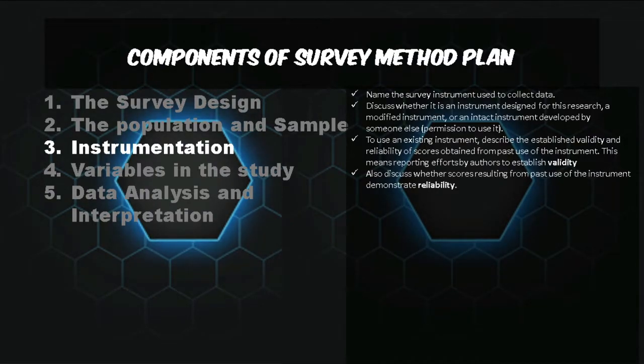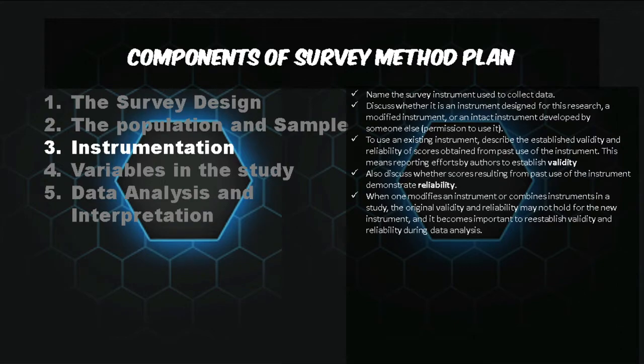Also discuss whether scores resulting from the past use of the instrument demonstrate reliability. So, validity and reliability. When you're going to make use of a modified instrument or a combination of instruments from different authors, remember that the original validity and reliability established for these instruments may not hold for the new instrument. So you have to establish the validity and reliability yourself.